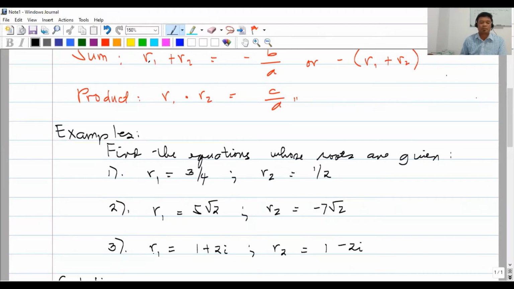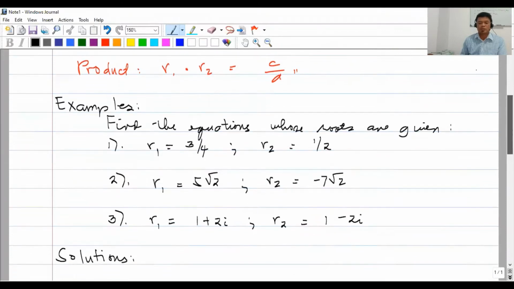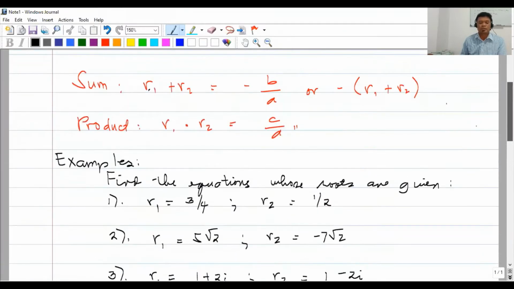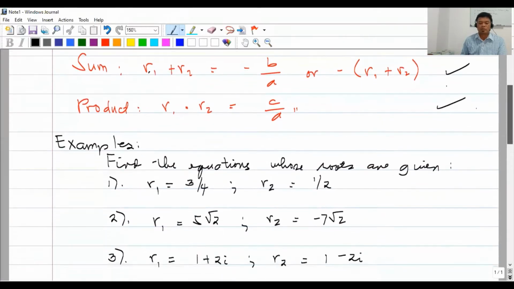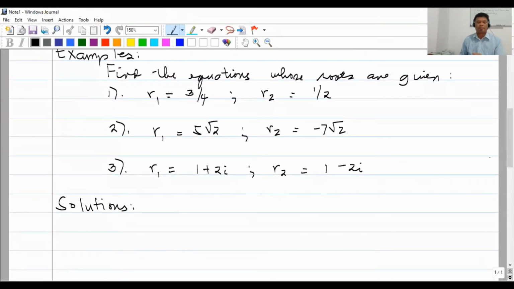And example number 3 is root 1 is equal to 1 plus 2i, and root 2 is equal to 1 minus 2i. Okay? So again, we are going to use these formulas in finding the equations given the roots.